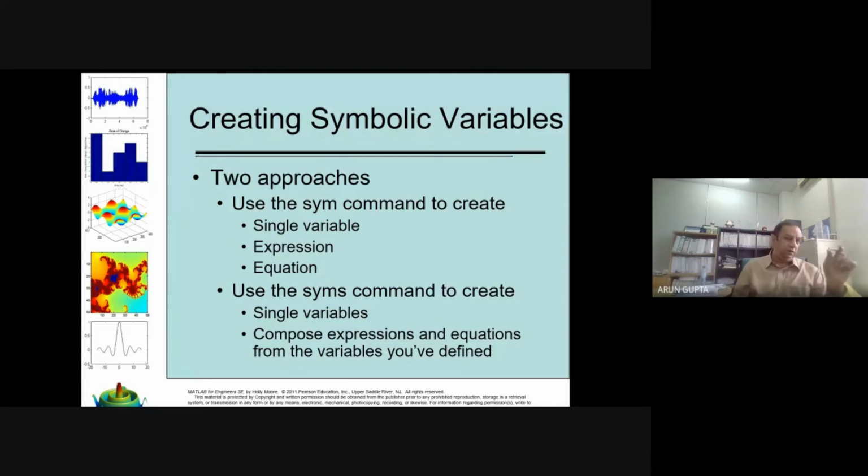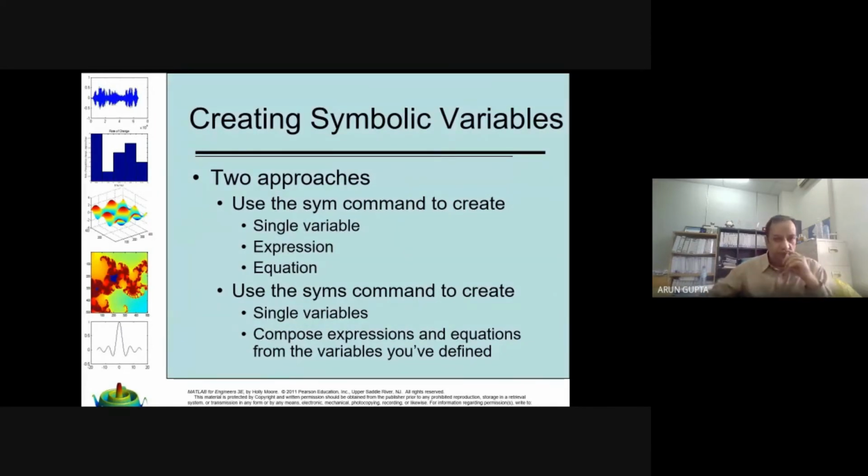When you write sym, MATLAB will understand that you are trying to use symbolic and will start working on it. But if you don't write sym and then try to do it, MATLAB will show an error. So you need to write or use sym.